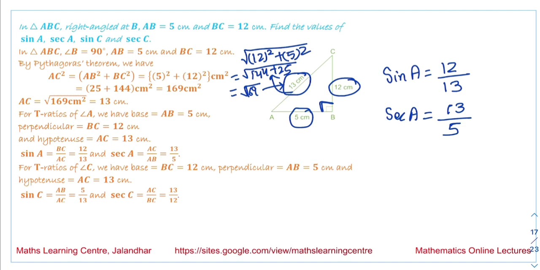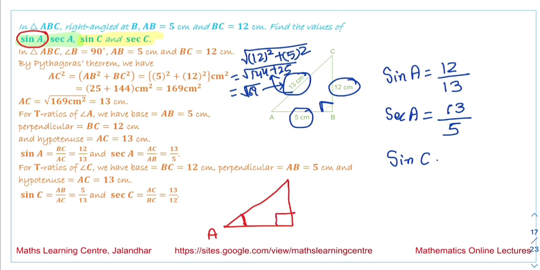We have to calculate the value of sin C. What is different in this question is that these two values are sin C, and these two values are sin A. So when we are talking about the angle A, we are talking about the trigonometric ratio corresponding to A. This is the angle A we are talking about.